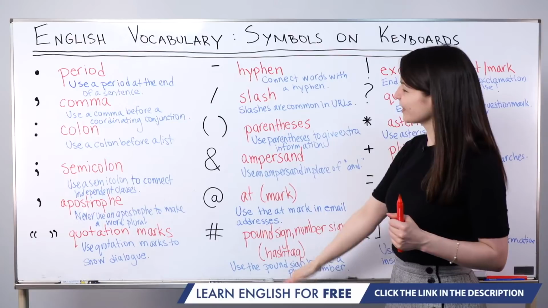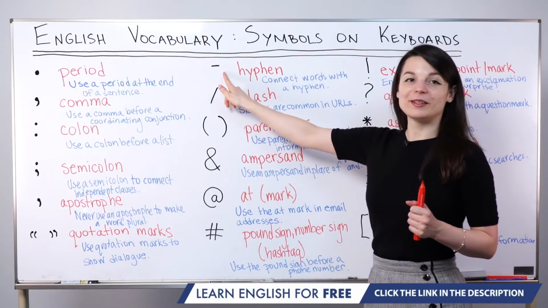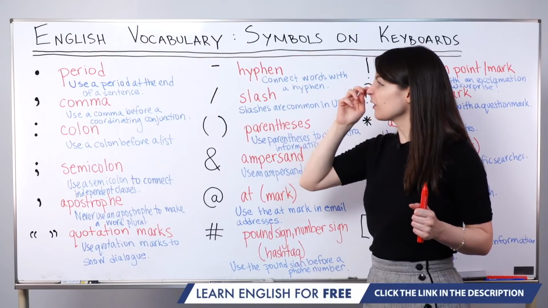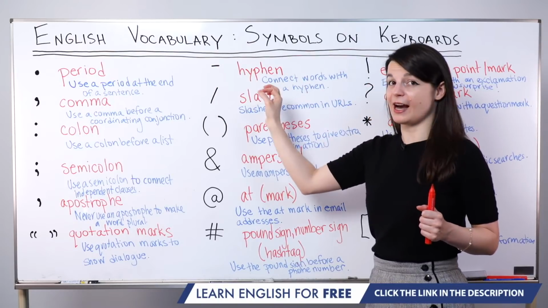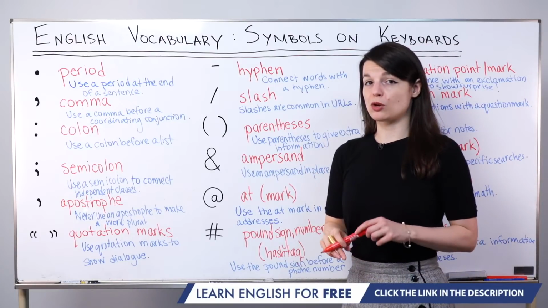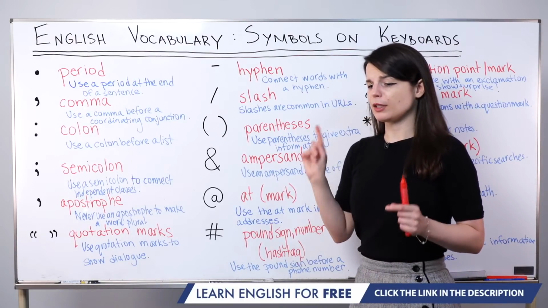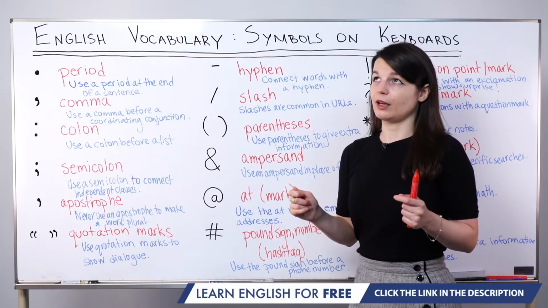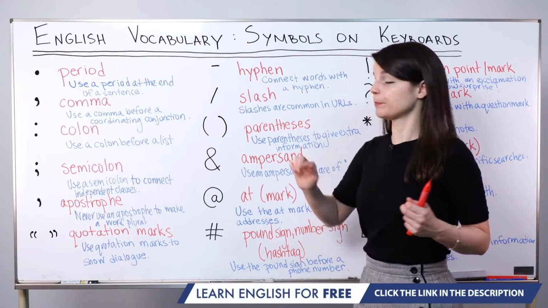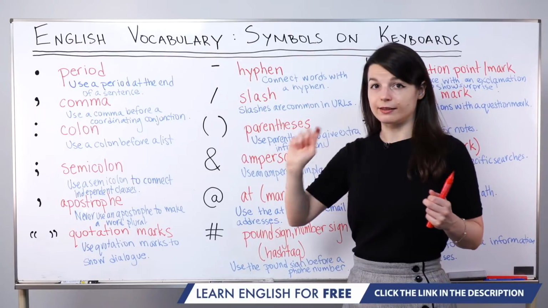The next list starts here with this hyphen. So this is a very short mark, a very short horizontal dash. Please keep in mind there are a couple of other dashes that we use in English writing, but you don't find those typically on keyboards, or they're not as commonly used from the keyboard. A hyphen, however, is on the keyboard.